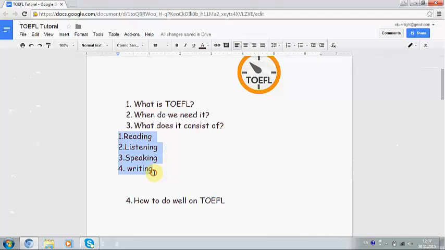Anyway, down there we will study what these parts are, what we need for them, and what kind of tasks we will have. Just remember that it has 4 parts. Each part lasts 1 hour, so the TOEFL test lasts 4 hours. It's really long and tiring, but anyway, you should be ready for that.